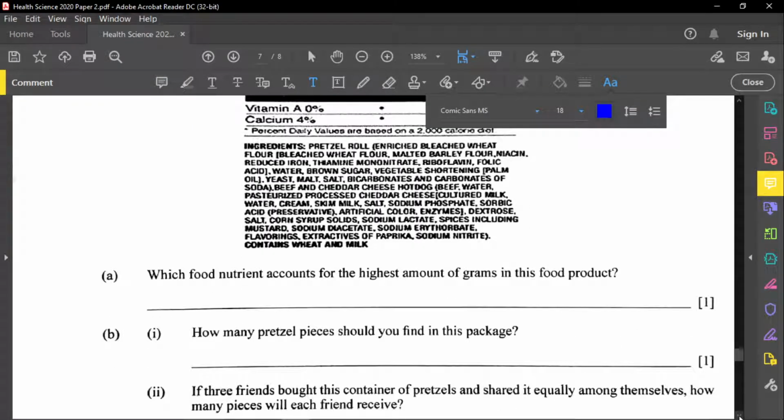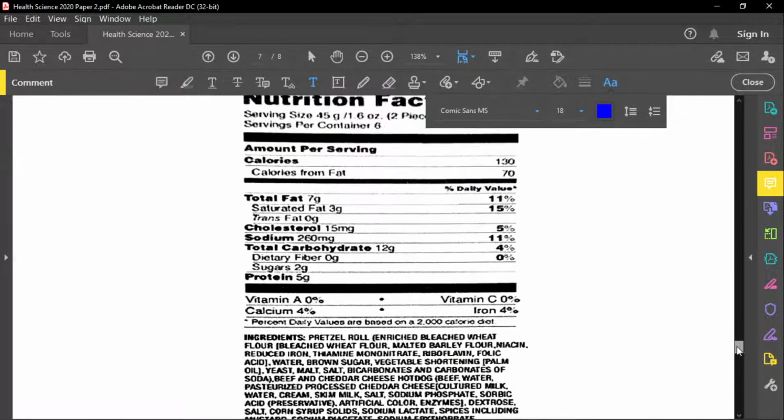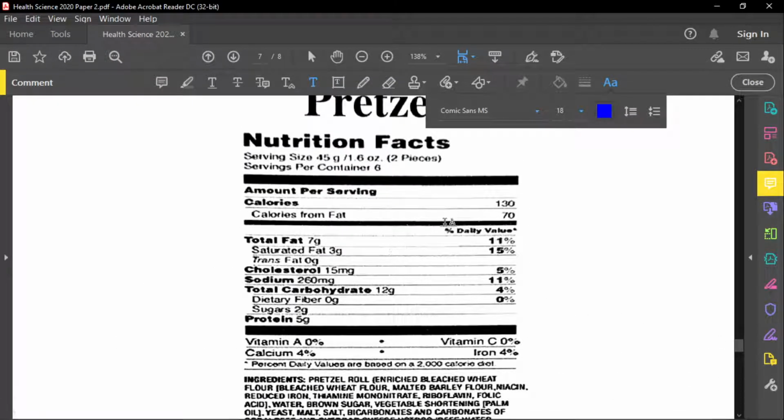And here it says, which food nutrient accounts for the highest amount of grams in this food product. So let's go back to the amount, the highest in terms of grams here. You notice the top part is talking about calories, right? So let's talk about food in grams. Total fat is 7 grams. Saturated fat is 3 grams.